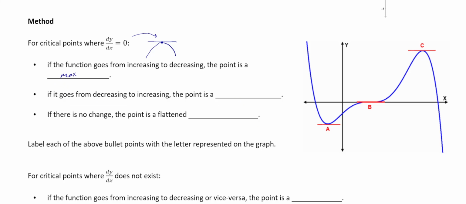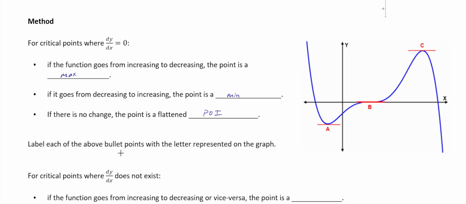Okay, vice versa, if it's going from decreasing to increasing, this point right there is a minimum. Okay, if there is no change, the point is a flattened POI. In that case, it's increasing, flattens out, and it's still increasing. Alternatively, decreasing, flattens out, decreasing, but it's called a flattened POI, or flattened point of inflection.